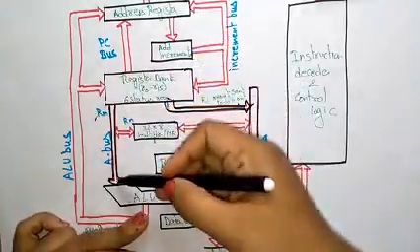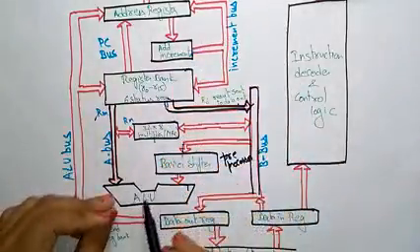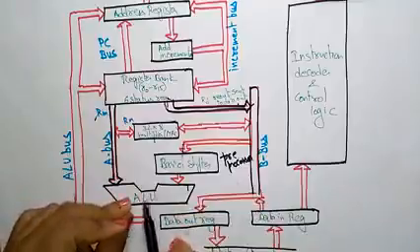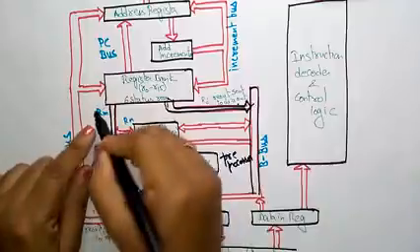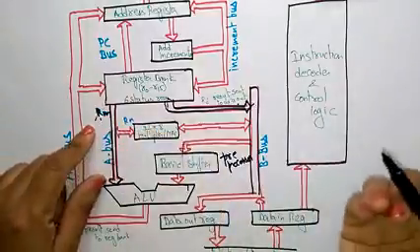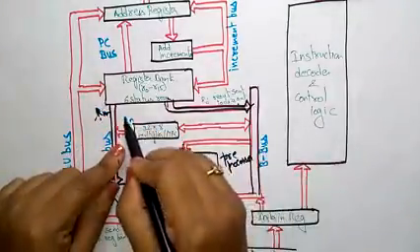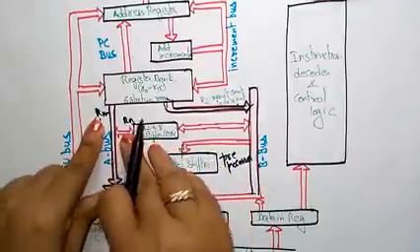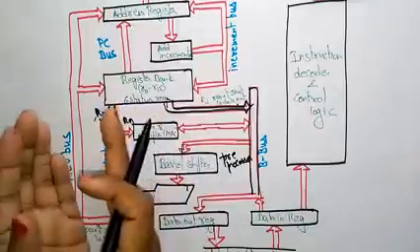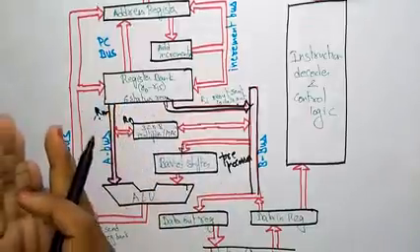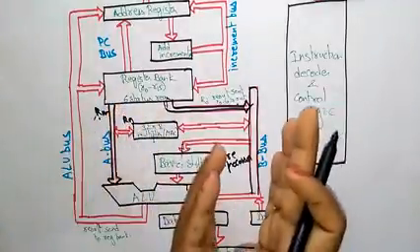So here one bus is holding the data and sending it directly to the ALU, and for the other let's take two registers, RM and RN. If you want to perform any addition or subtraction, one operand will be stored in one register and another operand in another register.